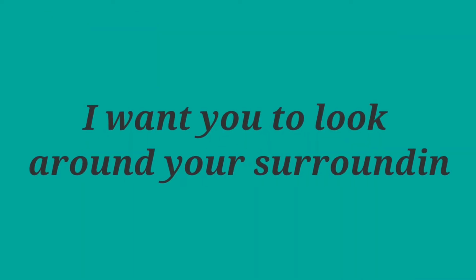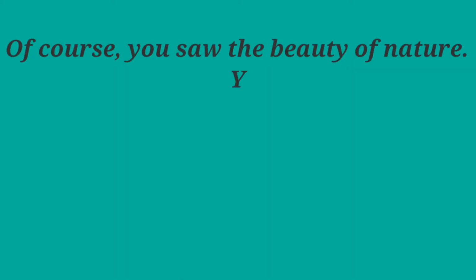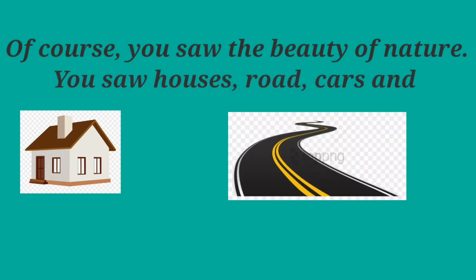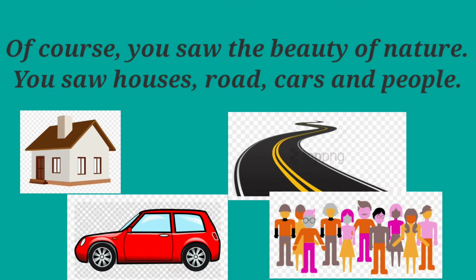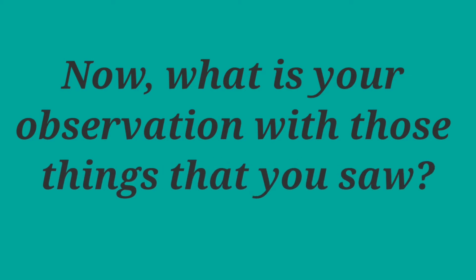I want you to look around your surroundings. Look, what will you see? Yes, of course. You saw the beauty of nature. You saw houses, roads, cars, and people. Now, what is your observation with those things that you saw?